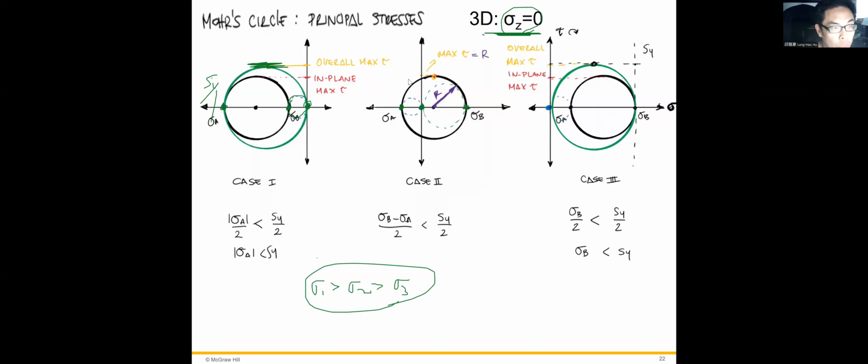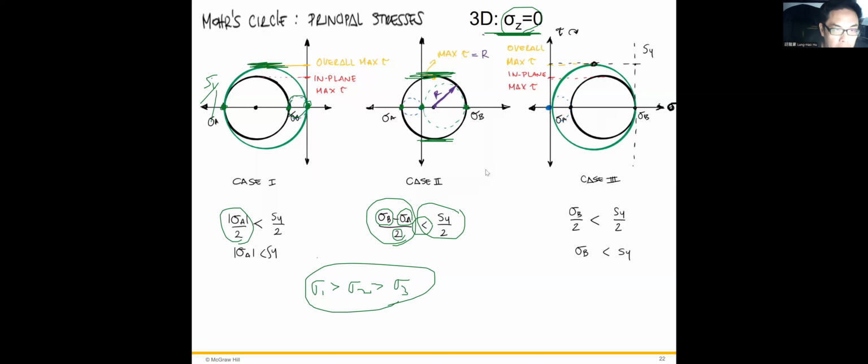In this case, where's the maximum shear stress? Here, right? It's the maximum shear stress, which equals the radius of the Mohr circle. Therefore, we can say sigma B, which has the higher stress value, minus sigma A, divided by 2, has to be smaller than half of the yielding stress, right? So this term has to be the maximum shear stress.